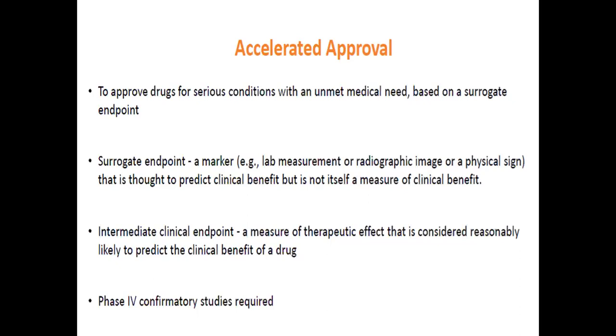So that type of surrogate endpoint can be used. And an intermediate clinical endpoint is a measure of therapeutic effect that is considered reasonably likely to predict the clinical benefit of a drug. But for that also, phase 4 confirmatory studies are required.